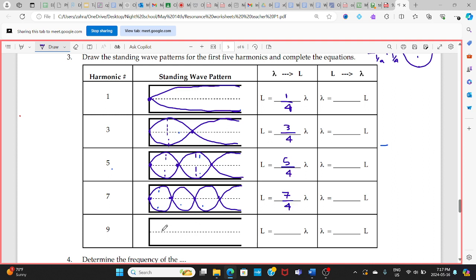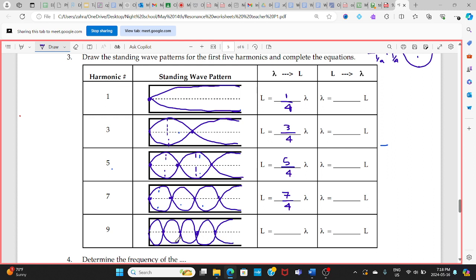And the next one, I need to put 4 here. 1, 2, 3, 4. And how many here? 9/4. Very good. It's going to be 9 quarters.